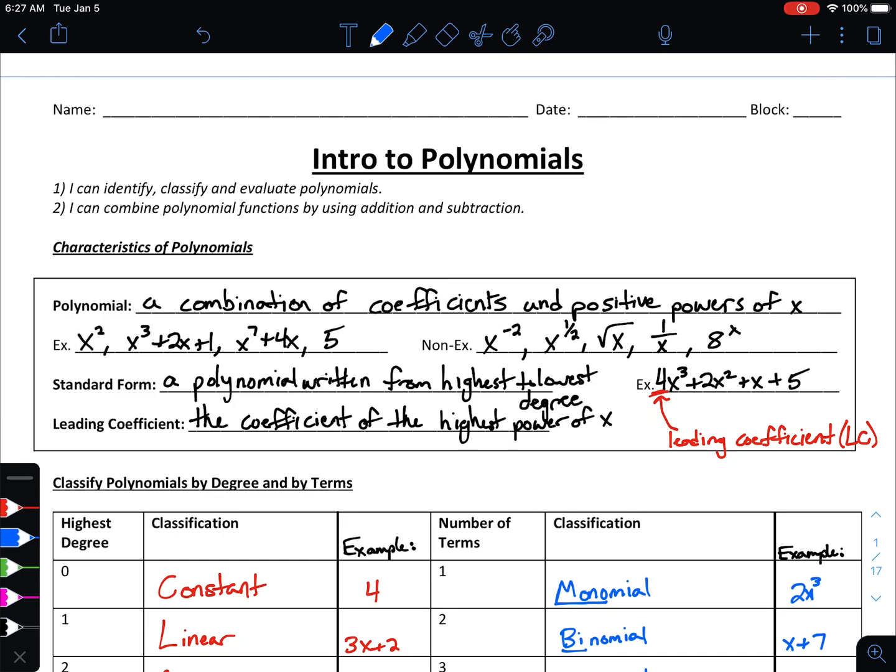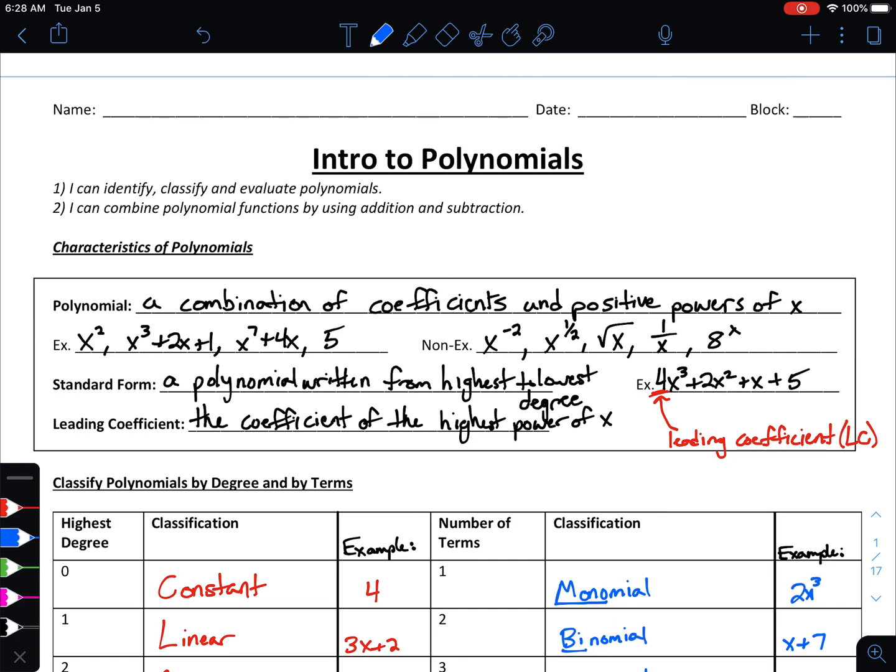So polynomial, first off, the definition is it's a combination of coefficients and positive powers of x. To give you some examples of that, any quadratic is a polynomial. So x squared would obviously be a polynomial, but we can also expand that to some higher degree polynomials. For example, x cubed plus 2x plus 1 would also be a polynomial.